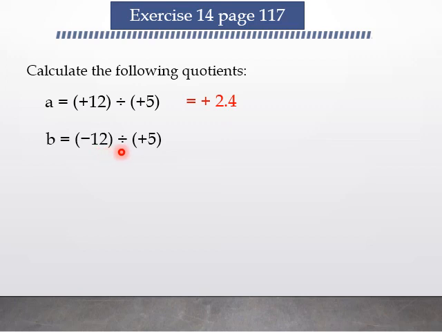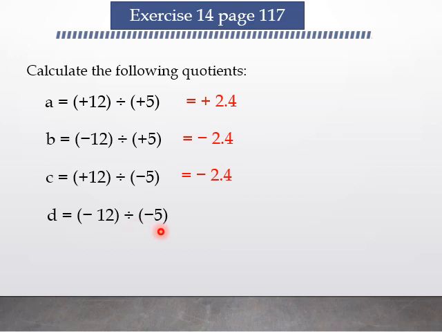Minus 12 divided by plus 5. Minus and plus, so it's minus, and 12 divided by 5 is 2.4. I have an odd number of negative signs, so the result should be negative here. Plus 12 divided by minus 5, the same. Plus minus, it's minus, and 12 divided by 5 is 2.4.